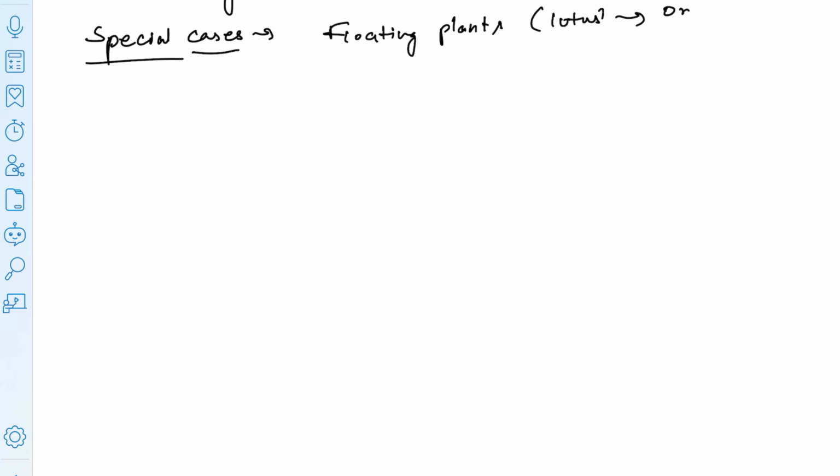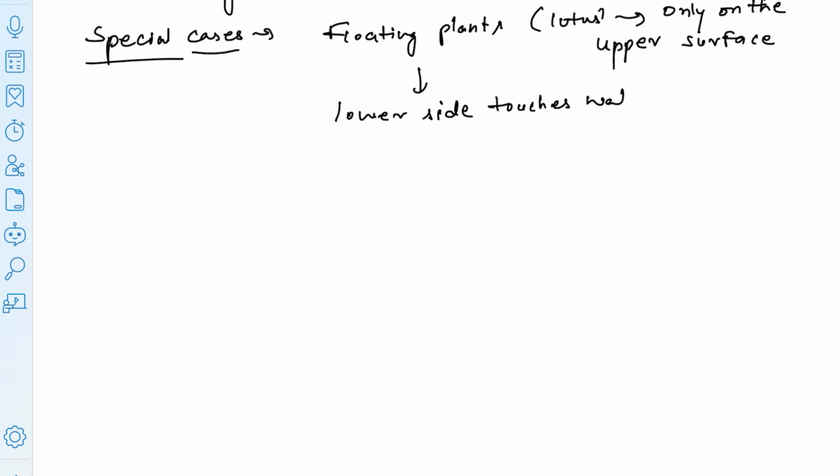Now some are special cases or exceptions. In floating plants like lotus, stomata are only on the upper surface. Why? Because the lower side touches water.